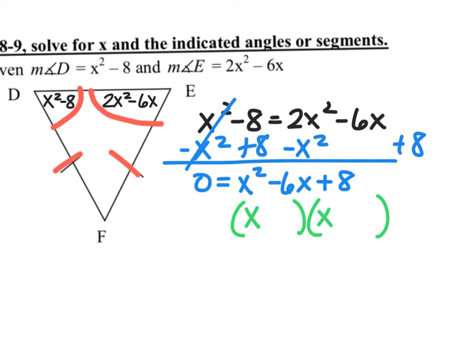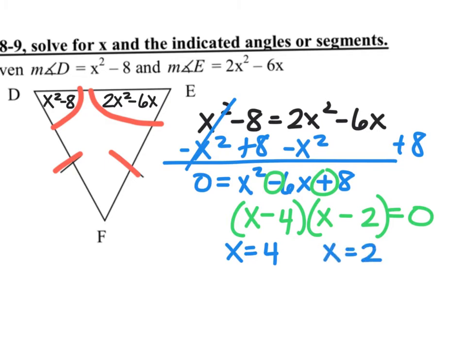All right, we got 4 and 2. 4 times 2 is 8. And we want these both to be negative because when we multiply negative 4 to negative 2, we want positive 8. But when we add them, we want negative 6. There we go. Now, we get two answers. X equals 4, x equals 2.